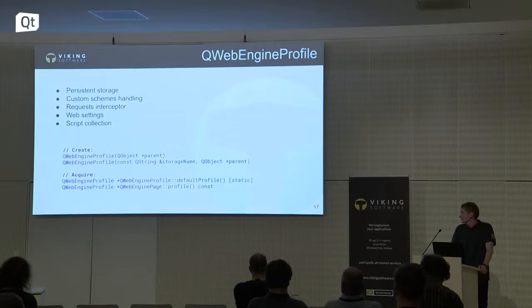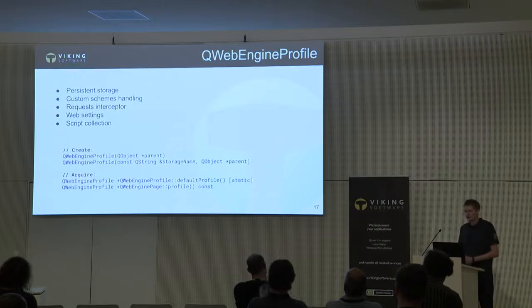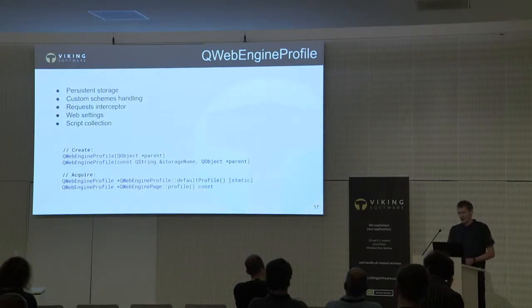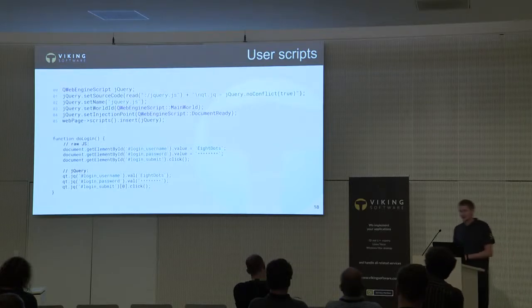We saw this before. Web settings is a thing that one would expect when opening the settings tab of a browser. Things like download or not images, enable or disable JavaScript support, and so on. And the script collection. Script collection is a really powerful thing that operates with Qt WebEngine script entities.